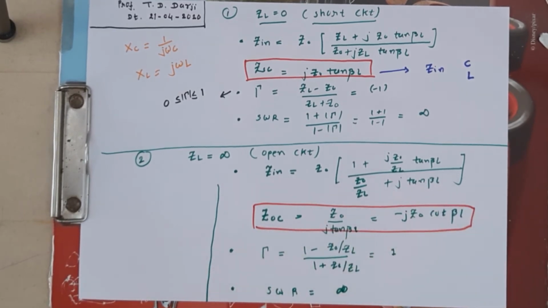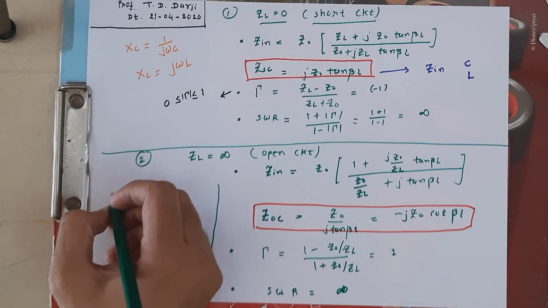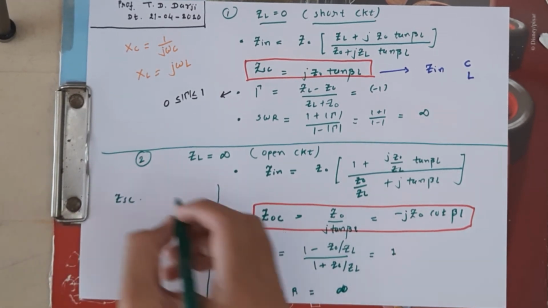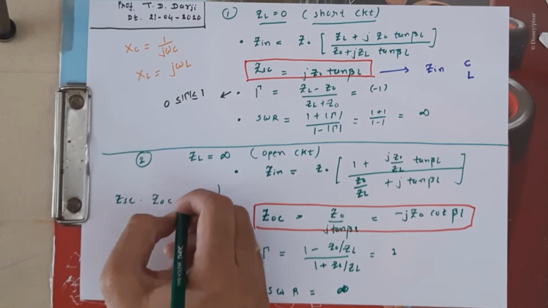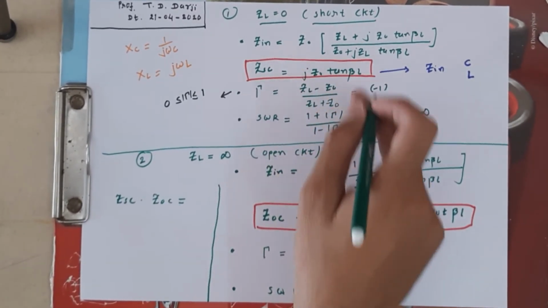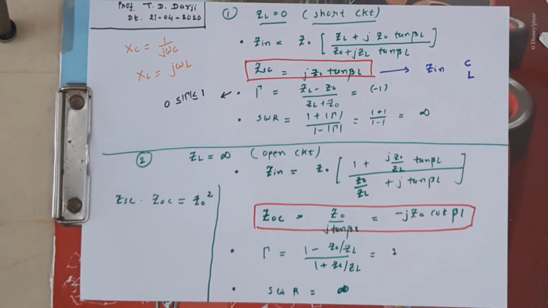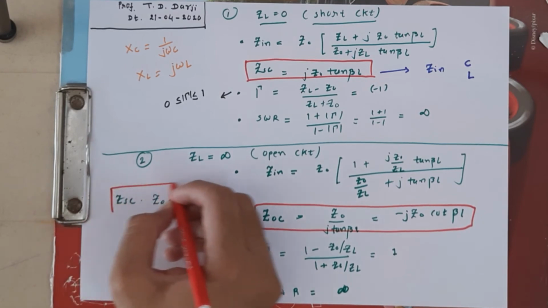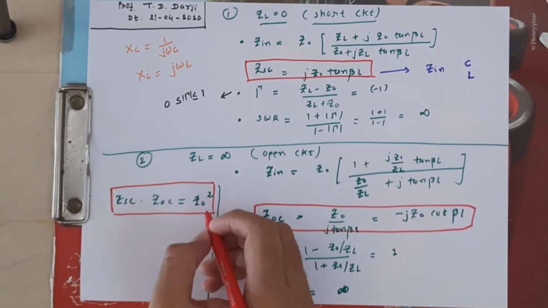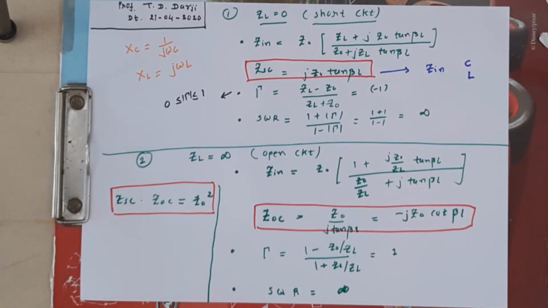If you multiply them, ZSC into ZOC, the j tan beta L terms cancel out, so this is Z0 square. So if short circuit impedance and open circuit impedance are given, you can easily find the characteristic impedance of the transmission line.